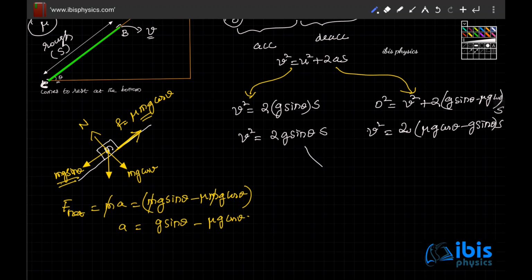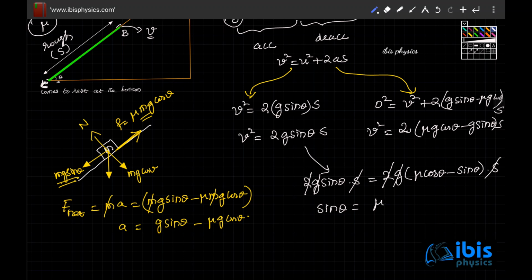Equating, 2g sin theta into s equals 2g, taken common, mu cos theta minus sin theta into s. So s and s cancel, 2g cancels. So sin theta equals mu cos theta minus sin theta. So 2 sin theta equals mu cos theta. Hence mu equals 2 sin theta by cos theta, so it is 2 tan theta.